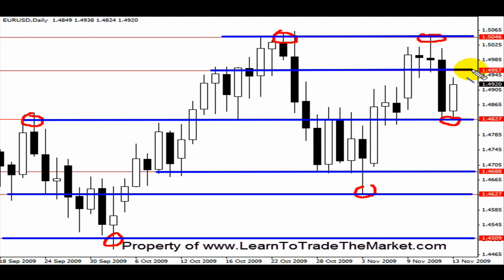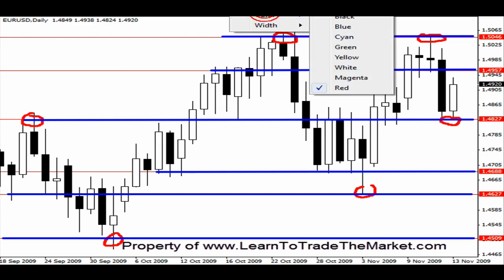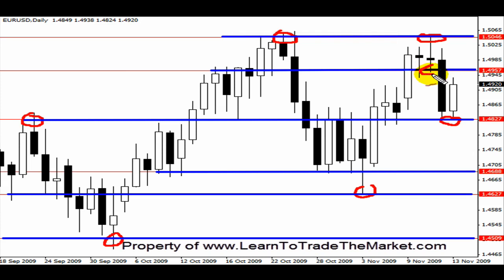You'll see 149.57. If I just circle this, you can see this little rejection here, this rejection here, and this top here.